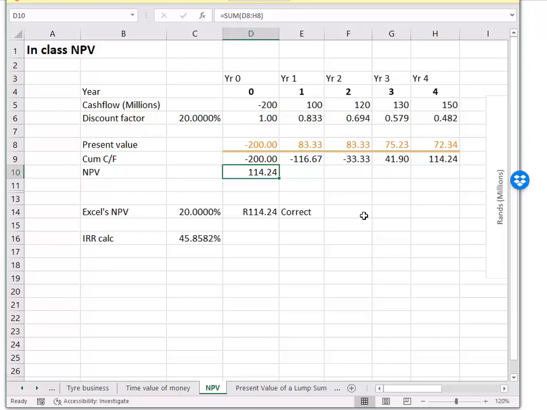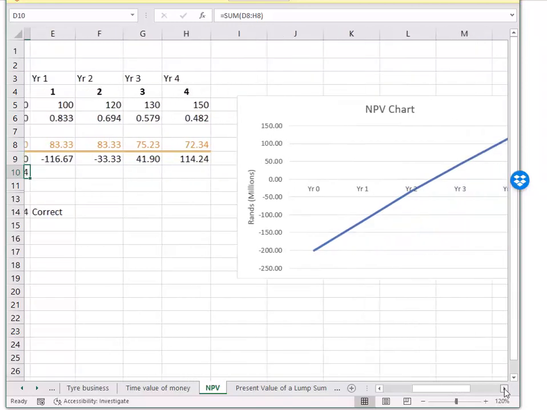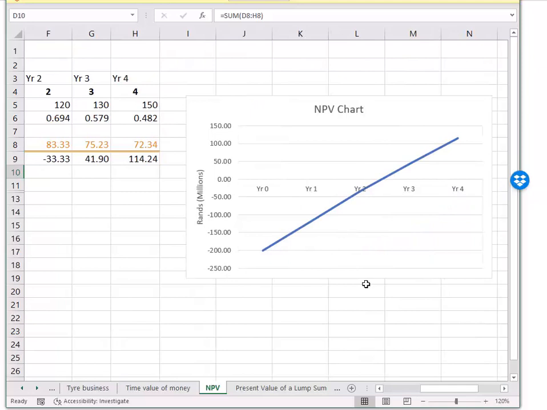value will be positive. So the way we can demonstrate this is here on the right. It's a simple graph which has the years going horizontally and here the cash flows going vertically. And in year 0, you can see this goes down to, excuse me, minus 200 to show the first outflow, and then the sum or the individual cash flows as time passes, and eventually we get here to the end, and the value on the last point there is 114.24.